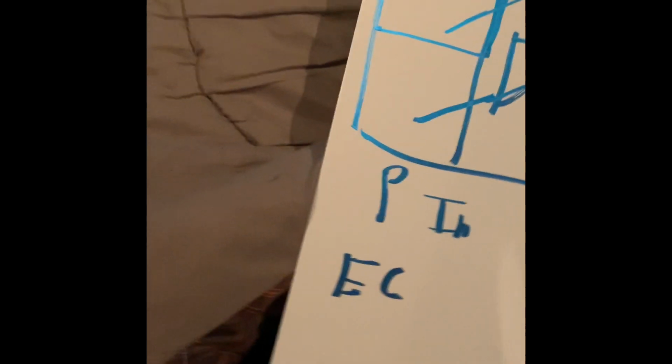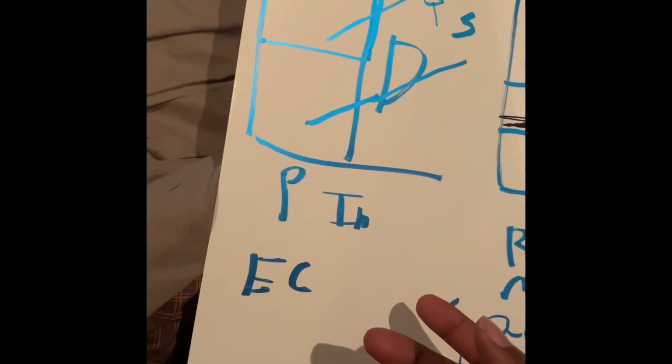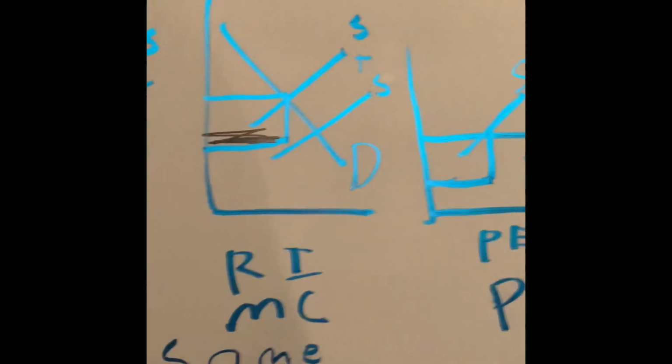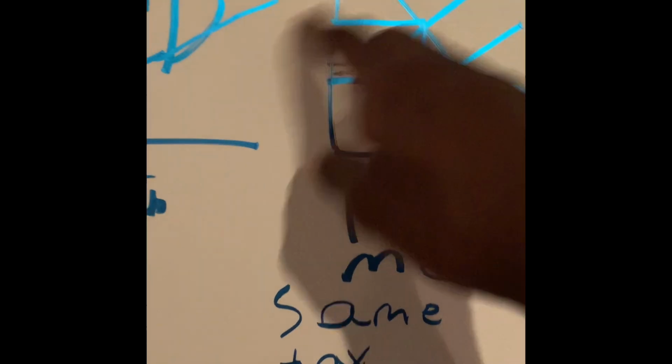People are always going to have to pay that same price because they need it. So that means the consumers are going to pay for all of it. Now right here, this is relatively inelastic, and the consumers are going to pay most of it. And this right here is all consumers.